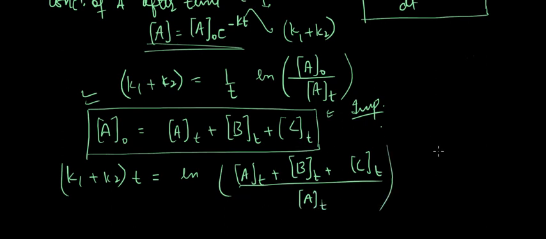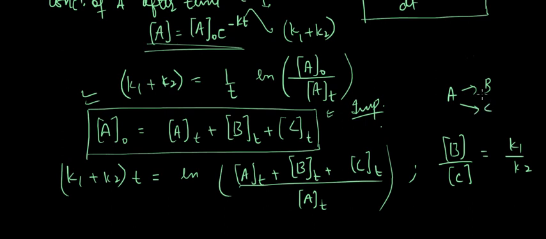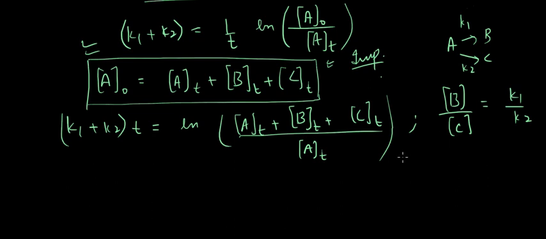Okay, so we can also write that concentration of B divided by concentration of C would be K1 upon K2, because these are the respective rate constants when B and C get formed because of dissociation of A. So the concentration of B by concentration of C would be the ratio of rate constants of the respective reactions.